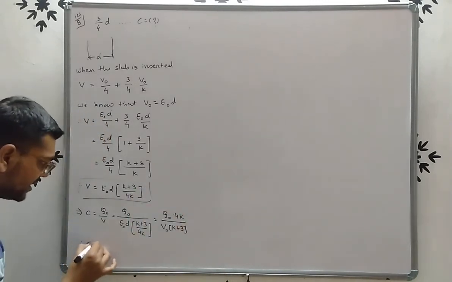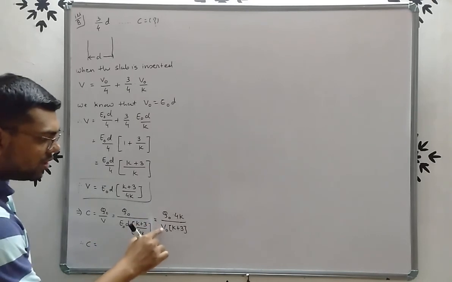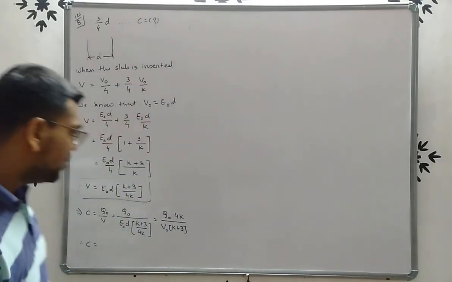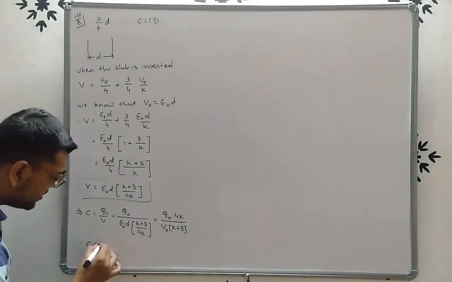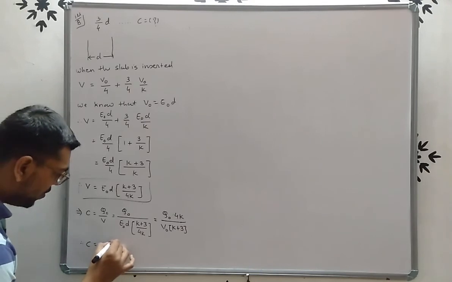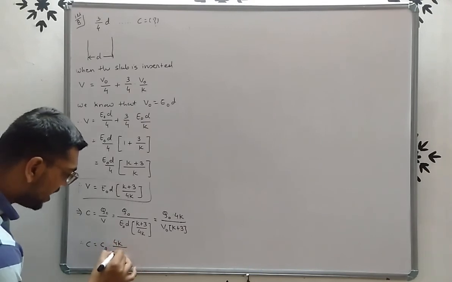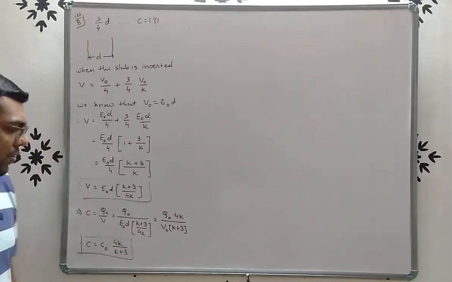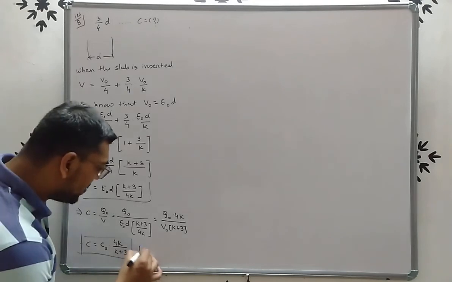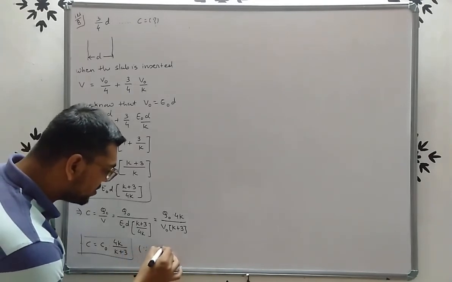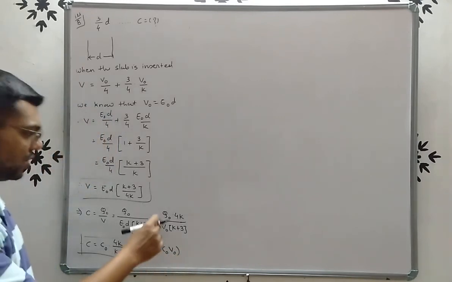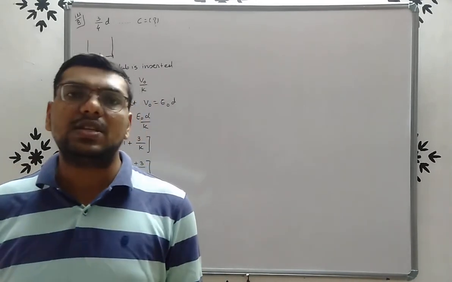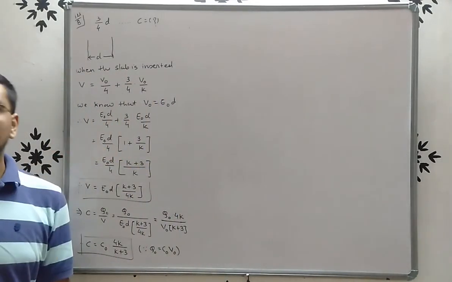So C is equals to Q0 by V0 into 4K upon K plus 3. Because Q0 is equals to C0 into V0, Q0 by V0 is C0. So capacitance C is equals to C0 into 4K upon K plus 3.